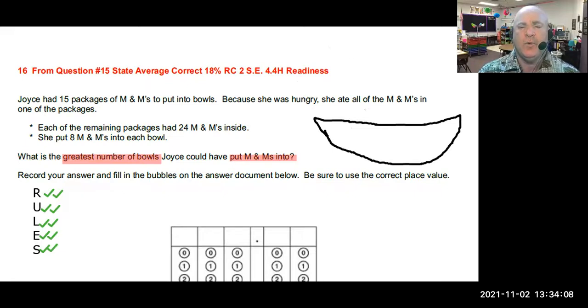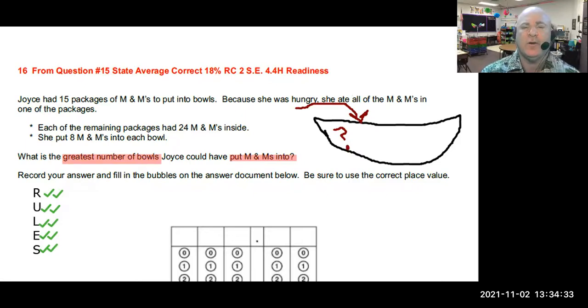But if we're dividing, I do know that they are going into the bowl. That's all we know so far, is that we're putting some amount of M&Ms into a bowl, okay? Into bowls, because it says greatest number.